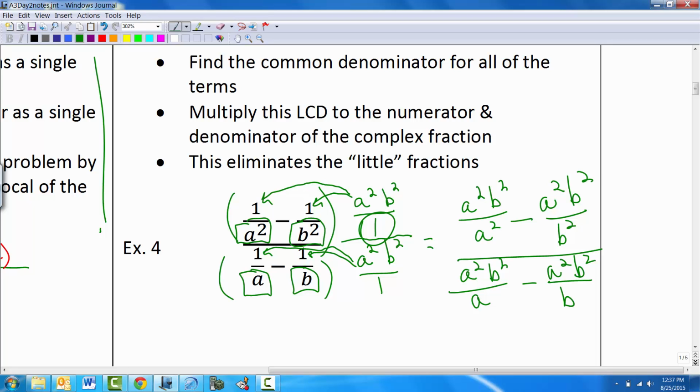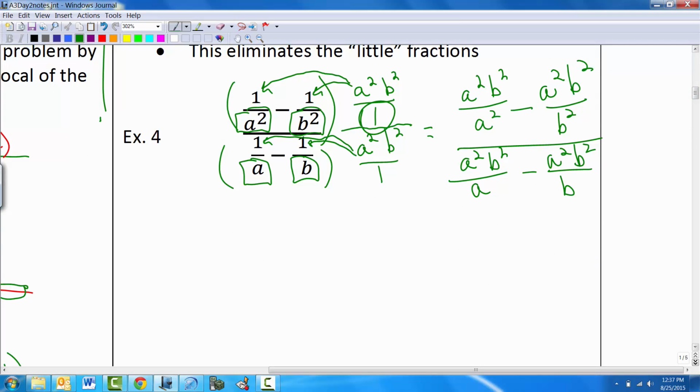I would hope at some point you could skip that step, because the whole point of doing this is to see who cancels in this first little fraction. What's left is a b squared in the numerator. So I'm going to write this as a big fat b squared right in that position, over 1. What I did is I got rid of the little denominators.